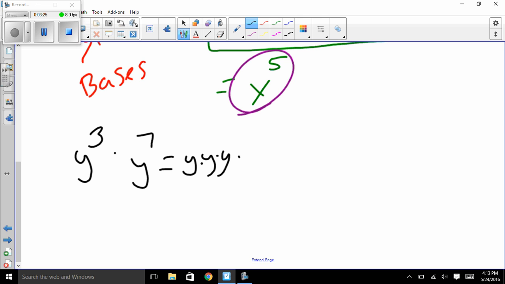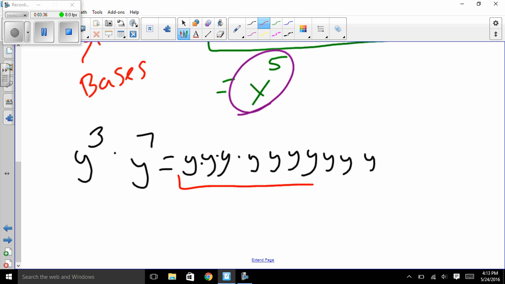And that's going to be multiplied by 7 more. 1, 2, 3, 4, 5, 6, 7. Let's take a look at how many y's do I have. I've got 1, 2, 3, 4, 5, 6, 7, 8, 9, 10. 10 y's. So that must mean that I have y to the 10th.